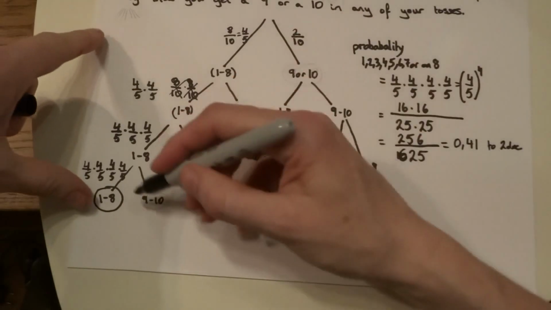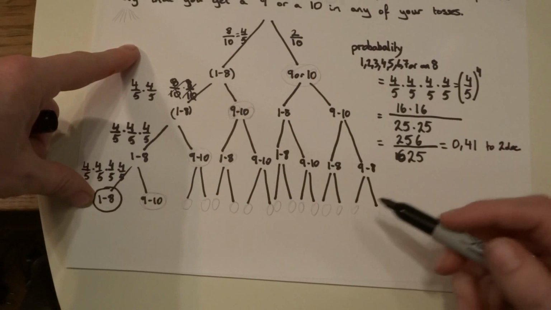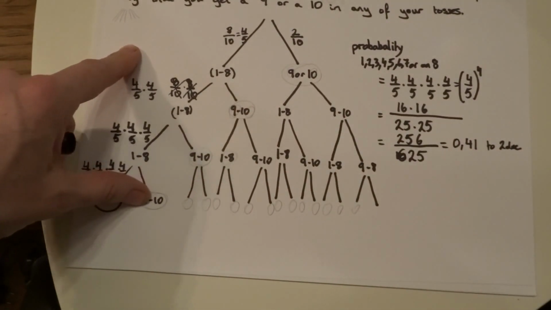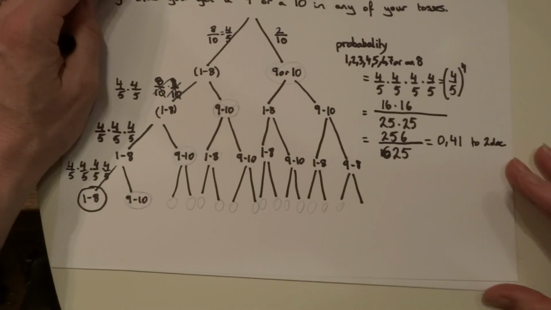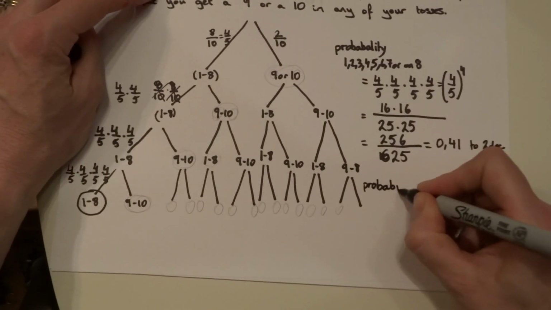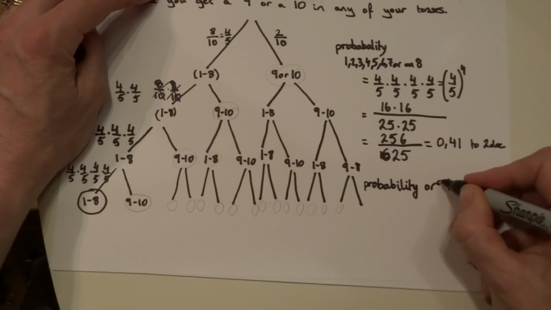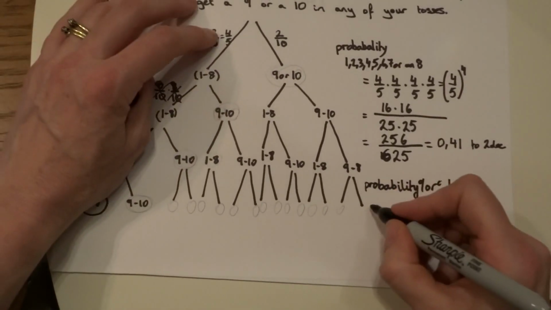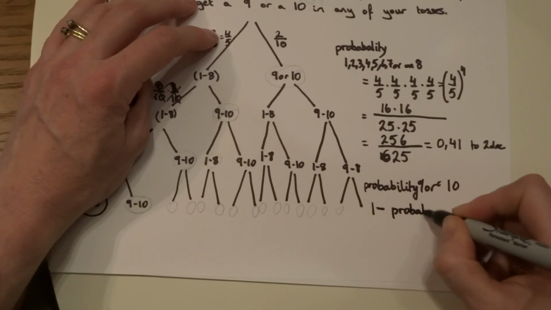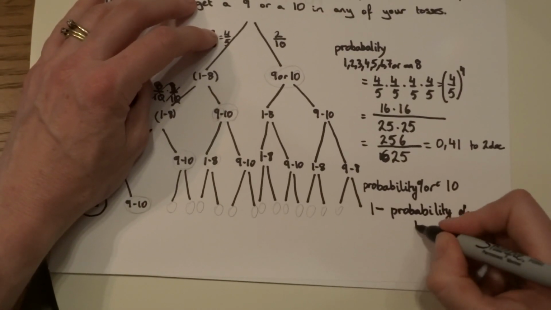We could calculate those and add them all together, or if we worked out this one, we could add all the other 14 possibilities as well. But it's actually much, much easier to just say that the probability of getting a 9 or a 10 is actually 1 minus the probability of getting a 1 to an 8.